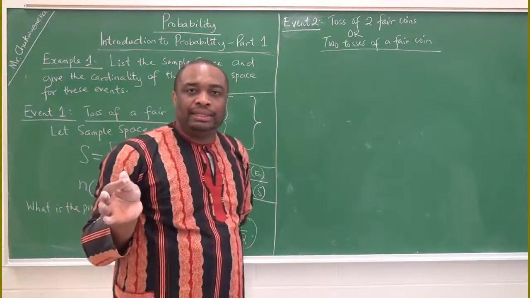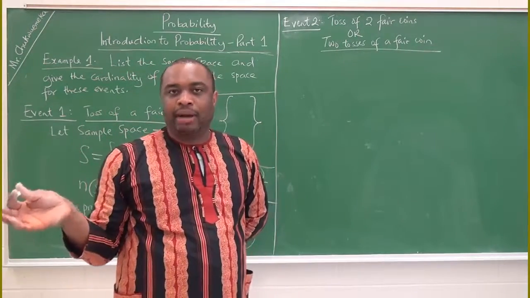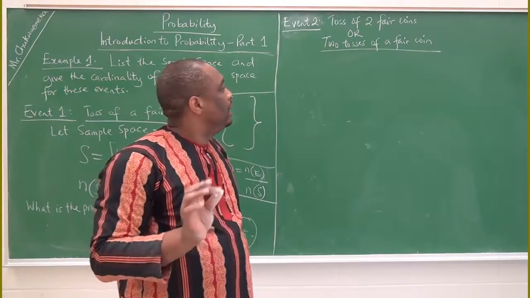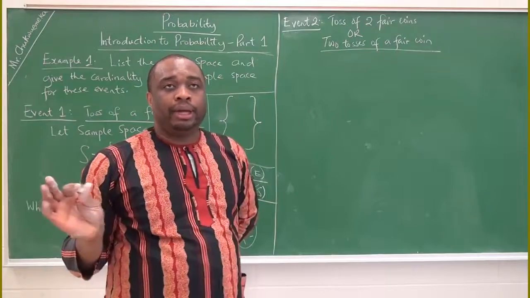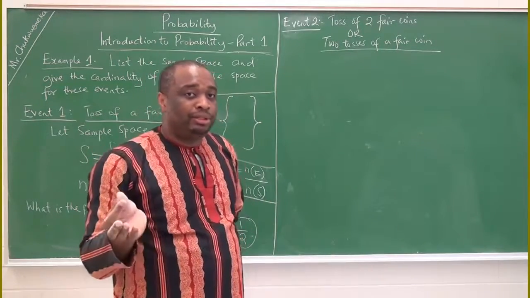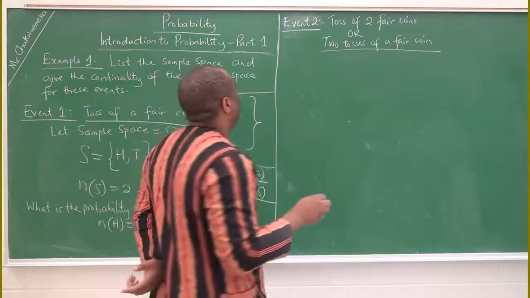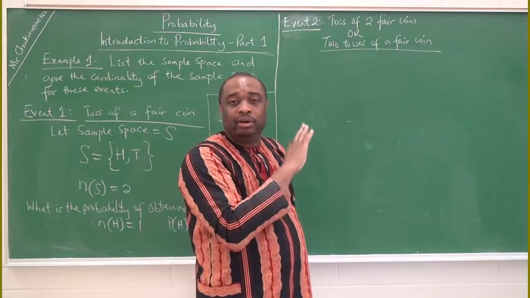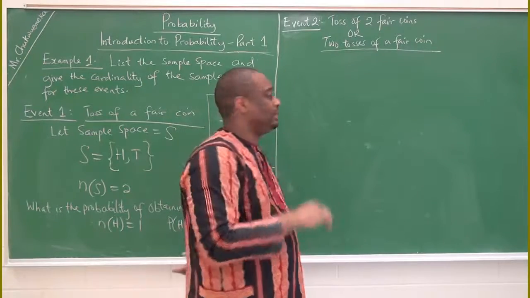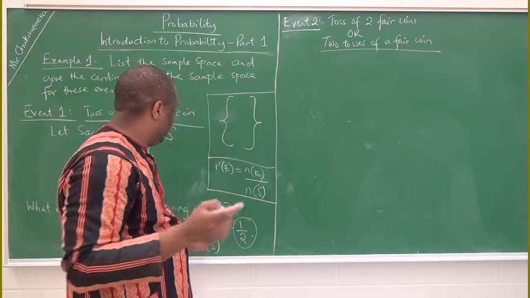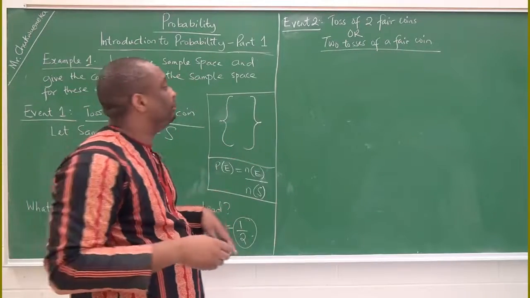You can now do this in either a tree diagram or a Punnett square. Usually I prefer Punnett squares, but I'm going to teach you how to do it with both of them in this case. Now, all these are theoretical or classical probability, because here the head has an equal probability of occurring as the tail.